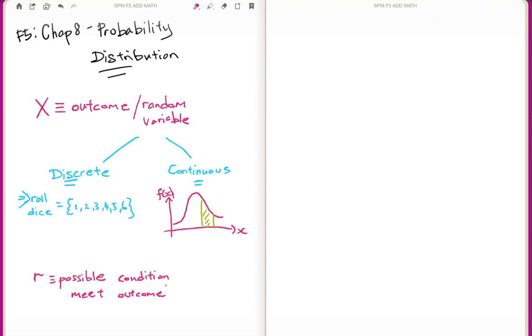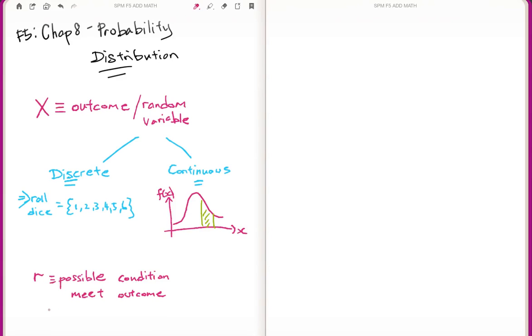Say for example, if you want to roll a dice 3 times, what's the possibility that you will get 2 times a certain number?